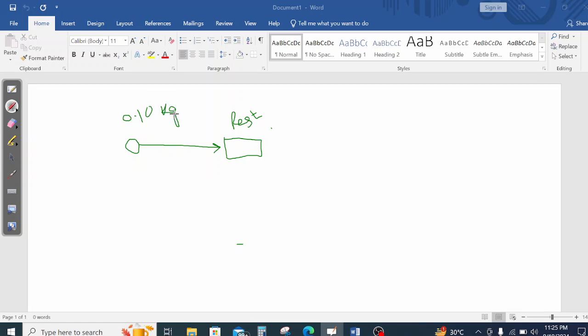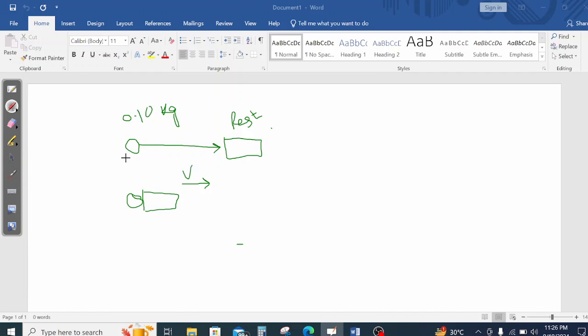When it hits the block, after the collision both are stuck together. It means both are moving with the same speed. In that case, you have to find the velocity or speed of both objects when they are in impact.